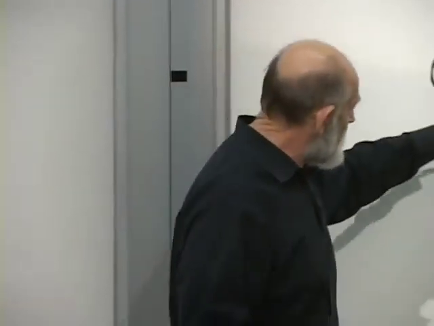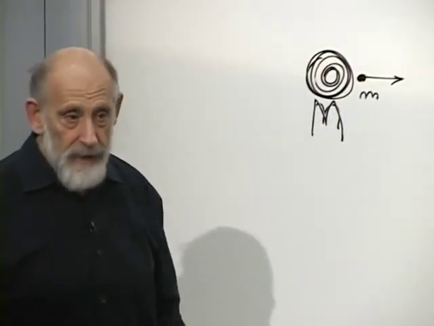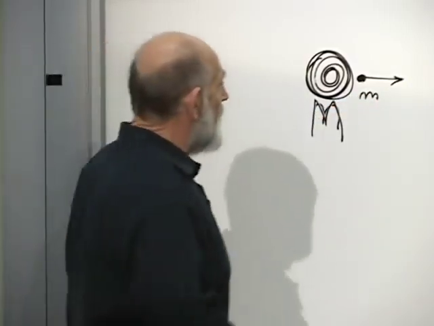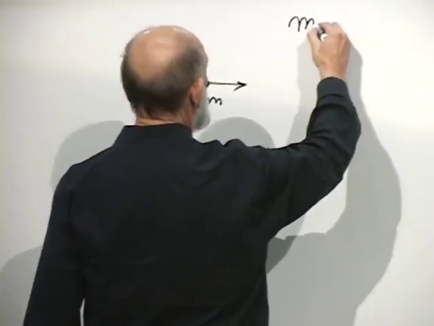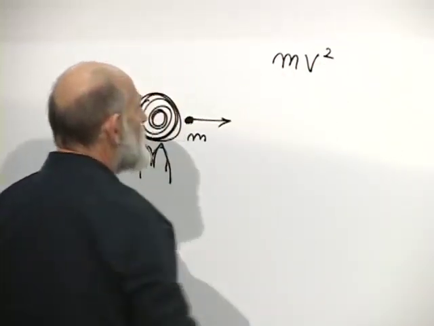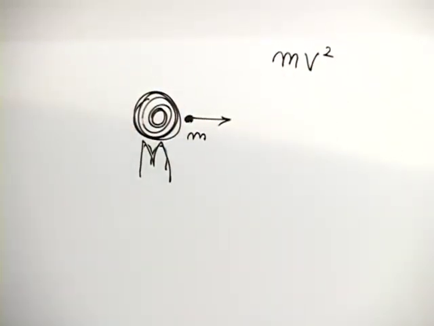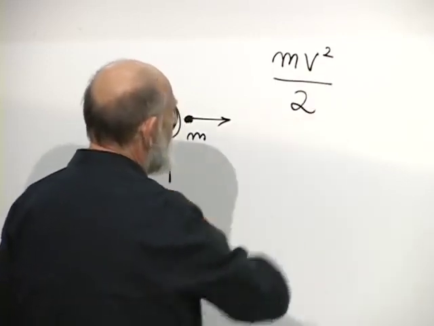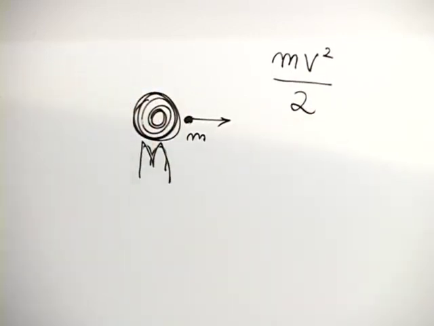There are two kinds of energies that it has, kinetic and potential. What's the kinetic energy of this? One half m v squared, mass times its velocity squared, and we're going to assume that the velocity is radially outward. This is small m. This is the kinetic energy of the outgoing mass.